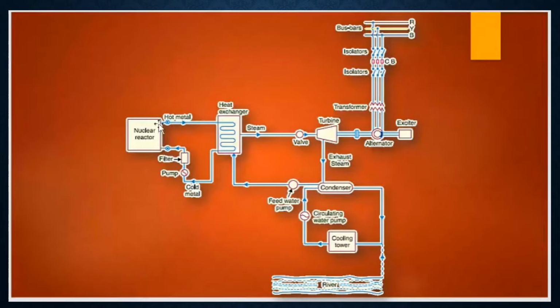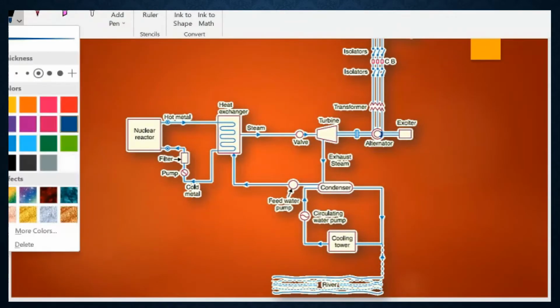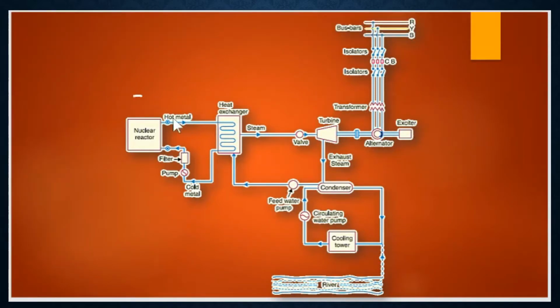So this is the nuclear reactor. From the nuclear reactor, hot metal will be circulated in the heat exchanger.